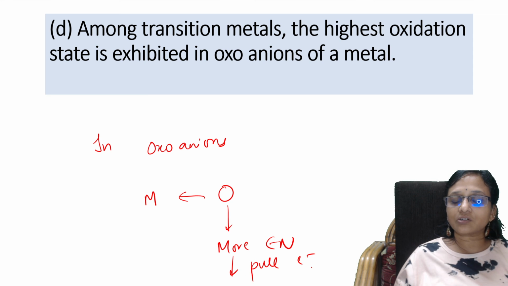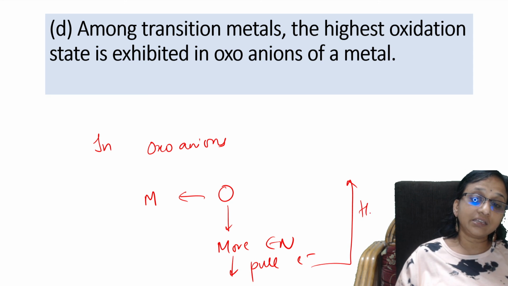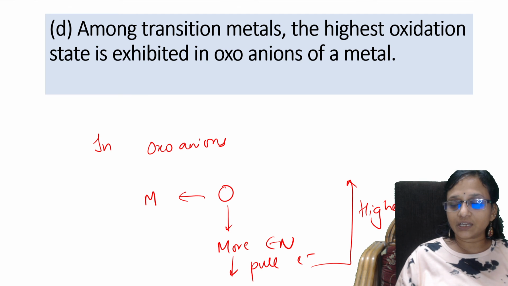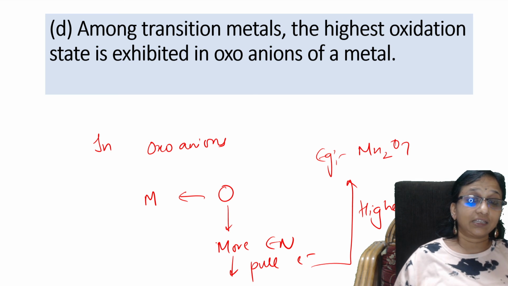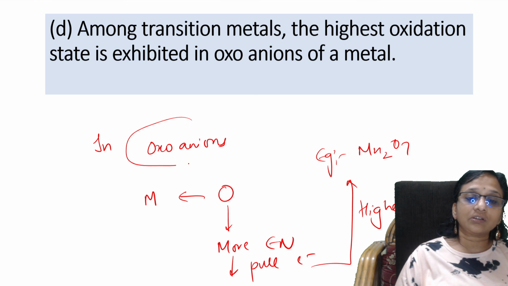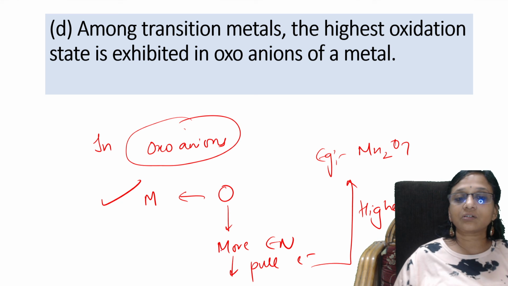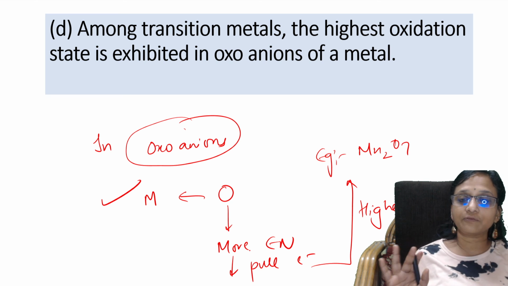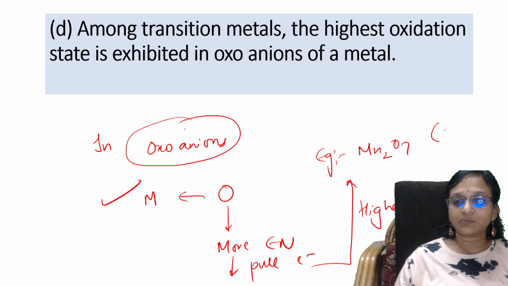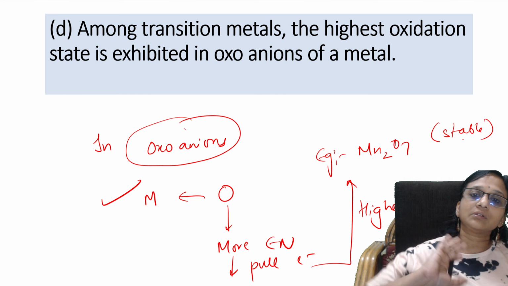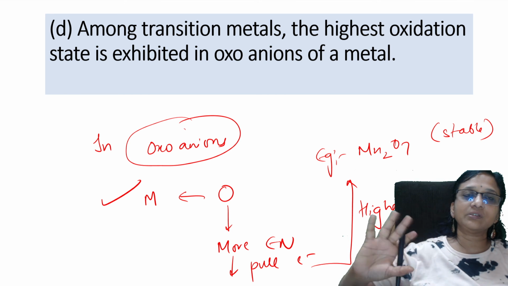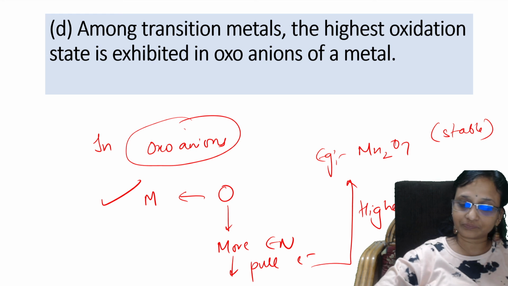When it pulls the electrons, it is going to form the highest oxidation state. For example, Mn2O7. Oxygen being electronegative pulls and forms it. So this is a stable compound. That's it. So in the highest oxidation states you will be seeing oxygen based compounds.